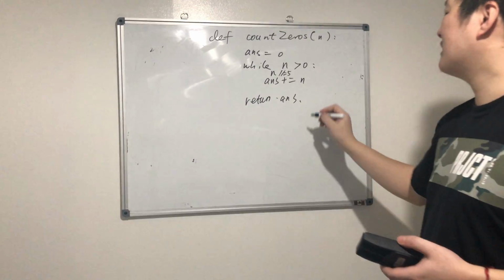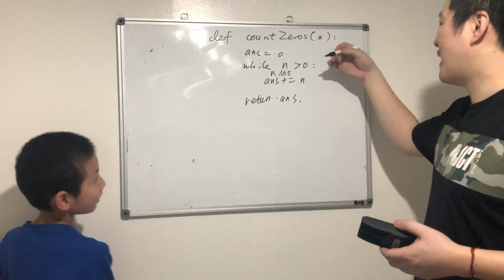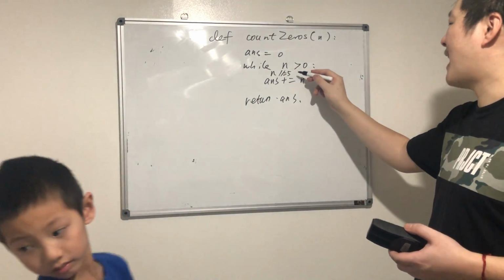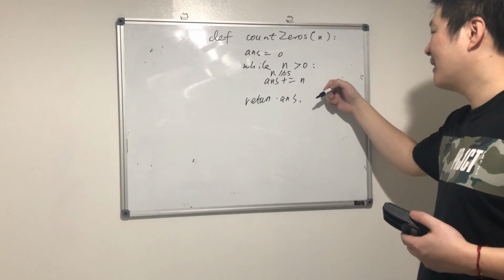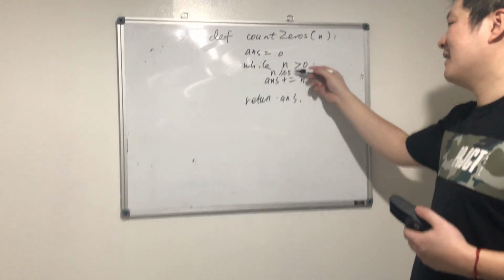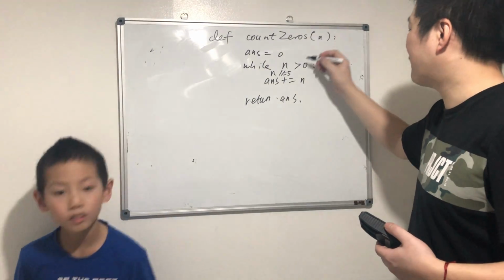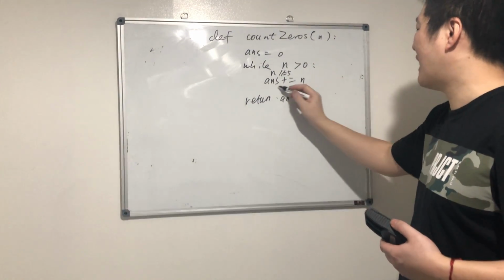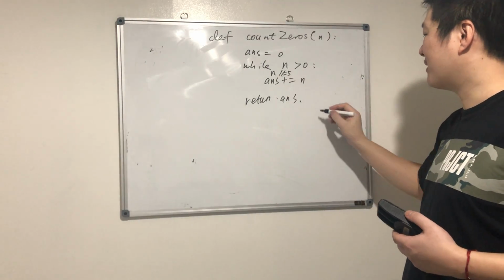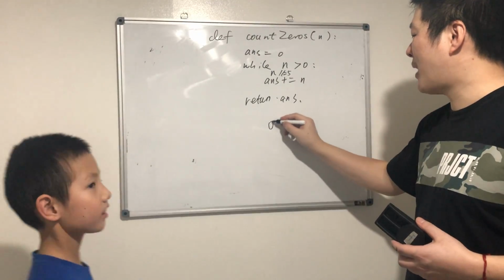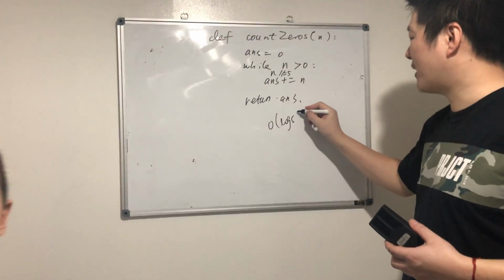It's the same thing. So this is also every time divided by 5. Because look, when n is 5, you divide it by 5, it will be 1, answer plus equals 1, okay? So return answer. So that complexity is still the same, O of log n.